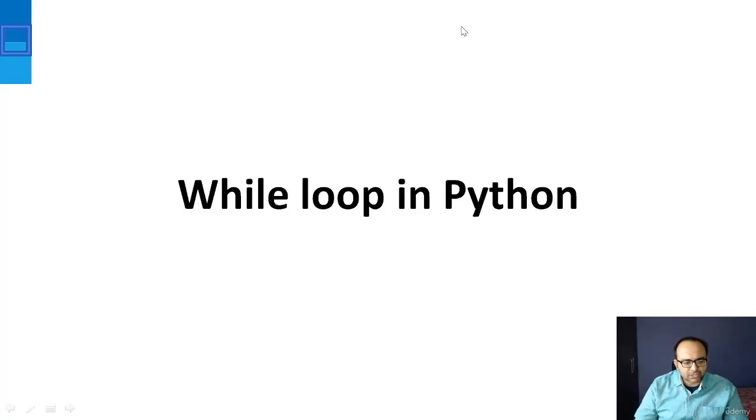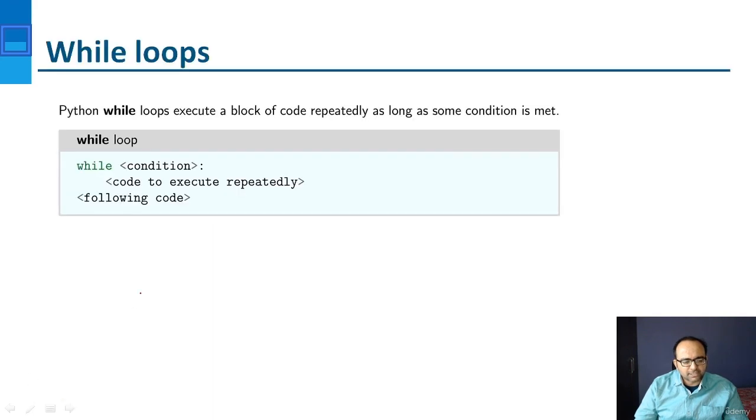So next one is while loop in Python. Let's see the general syntax of while loop in Python. We'll generally write an initial value for the loop variable above the while condition, and using the while keyword we can write this condition here.